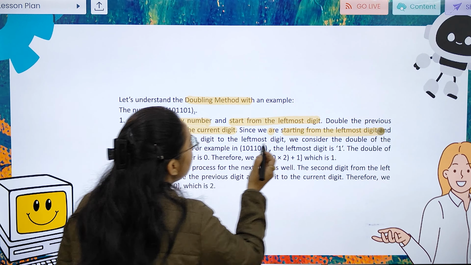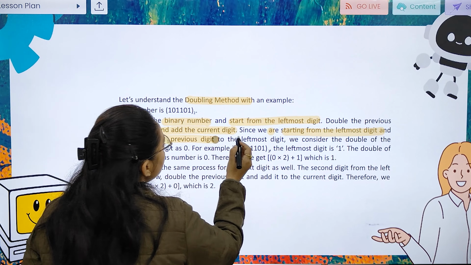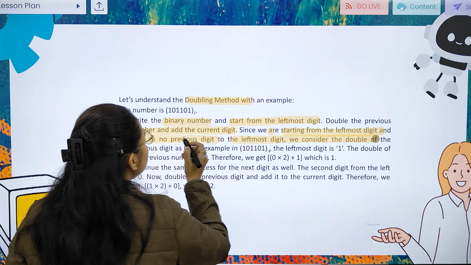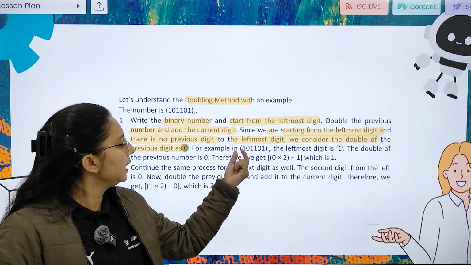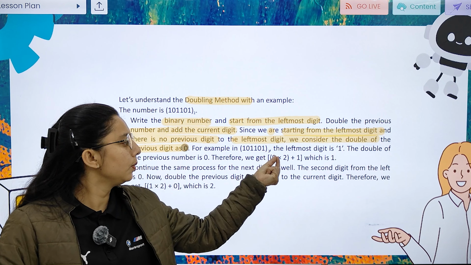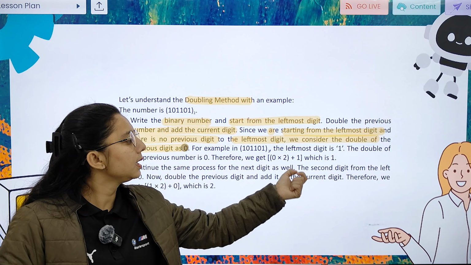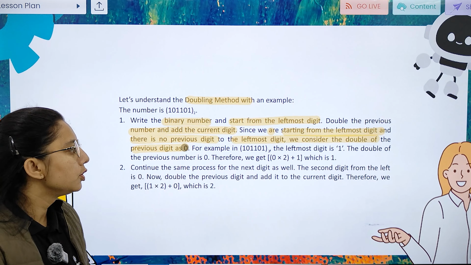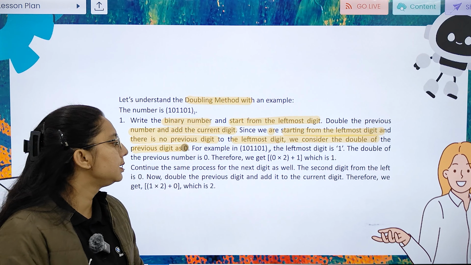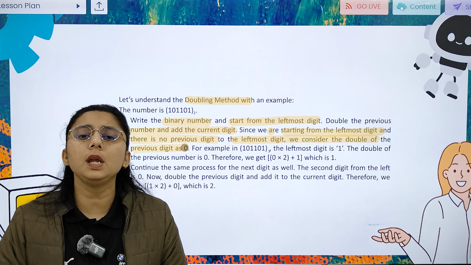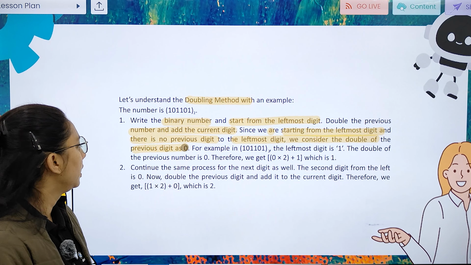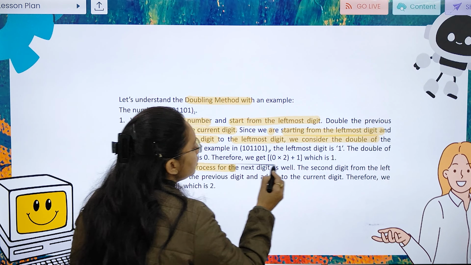Since we are starting from the leftmost digit and there is no previous digit to the left of it, we will consider the double of the previous number as 0. Like we have 1 0 1 1 0 1, base 2. The leftmost digit is 1, so the double of the previous number is 0. Therefore 0 times 2 plus 1 will be 1 only. Now continue the same process for the next digit.